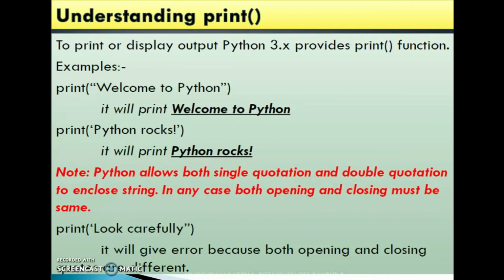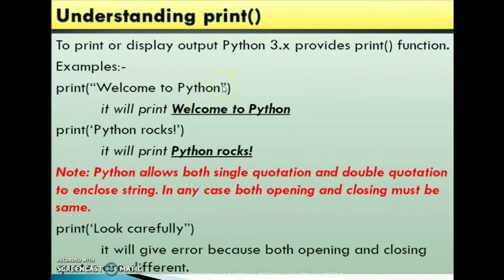Then the next one, understanding the print function. To print or display output, Python 3.x provides the print function. Print, then opening and closing parenthesis. That is the function symbol. Example, print welcome to Python. Print, opening parenthesis, within double quotes I specified the string value welcome to Python.